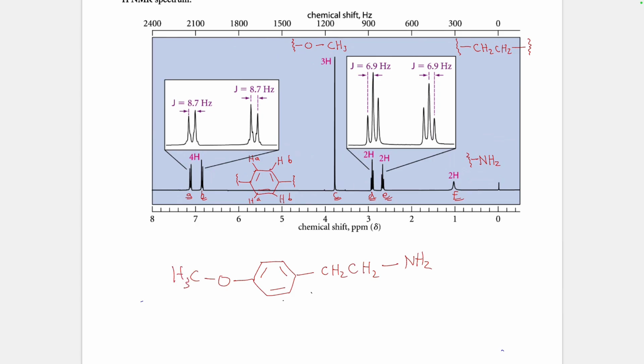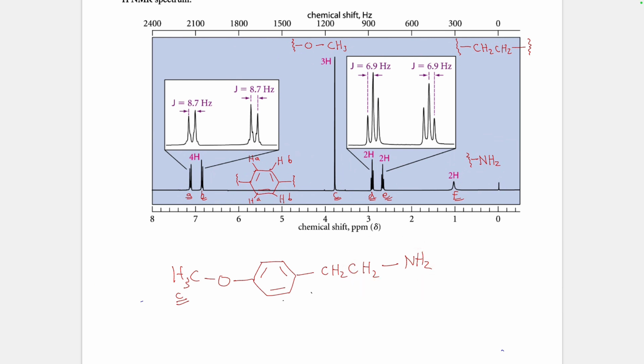I'm going to label the methyl peak here as C, and then we've got one CH2 that's more deshielded, and one CH2 that's less deshielded. And between the two deshielding effects, one of them is attached to the aromatic ring, and one of them is attached to the NH2. The NH2 has the bigger effect. So this CH2 over here is the one that's more deshielded.